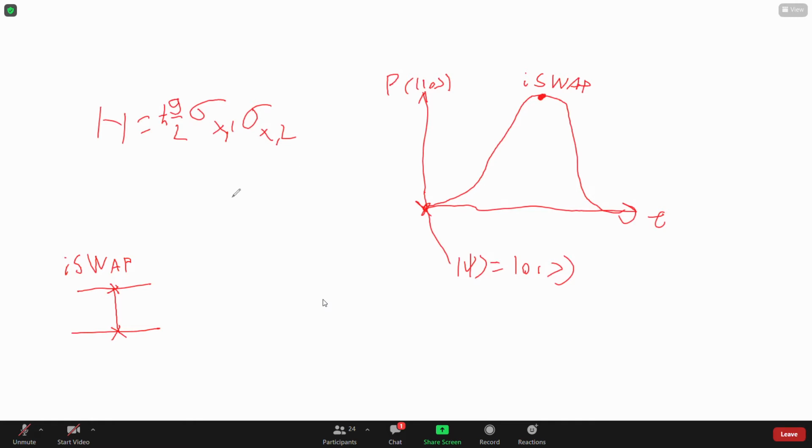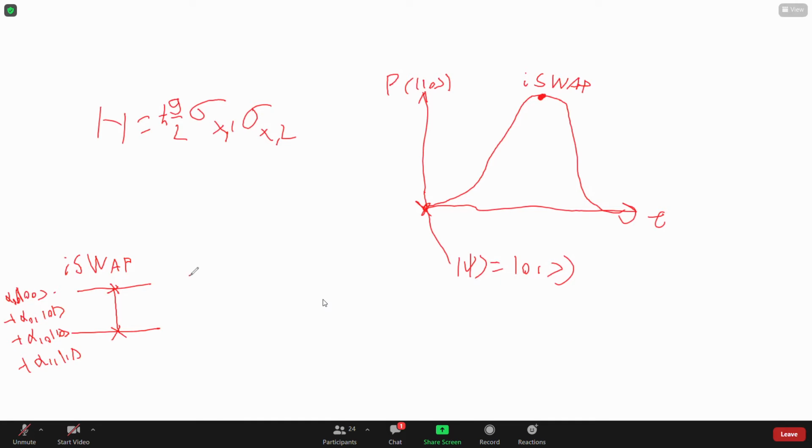So again, this just means that if you come in with a state here, which would be alpha 0,0 times |0,0> plus alpha 0,1 |0,1> plus alpha 1,0 |1,0> plus alpha 1,1 |1,1>, what this iSWAP gate does is it sort of swaps these two here, right?